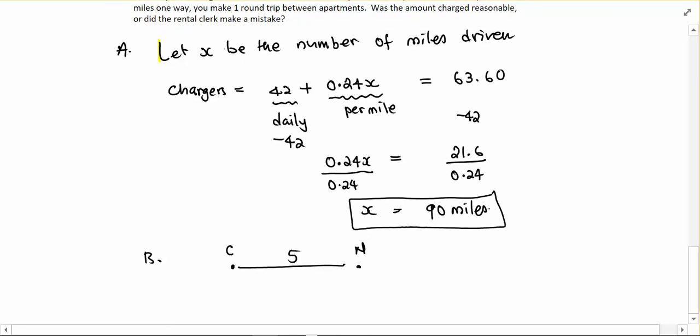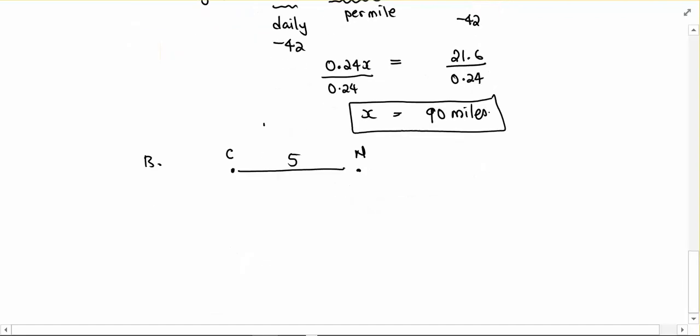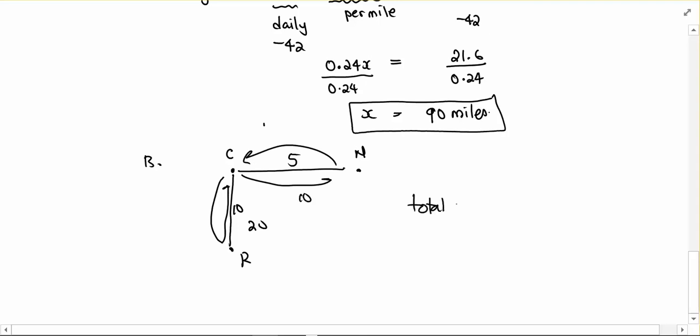Okay, so if we say that's the rental store, let me draw a rental store, clearly not drawn to scale. So here that's about 10 miles. So round trip, that would be 20 there. Round trip, that would be 10 here. So total, you estimate that you've done 30 miles.